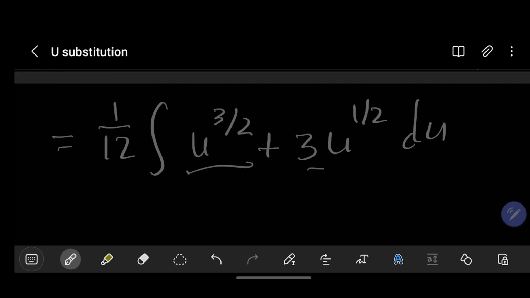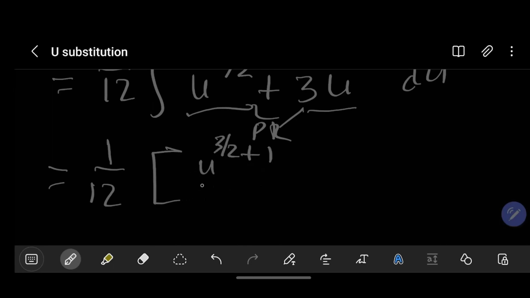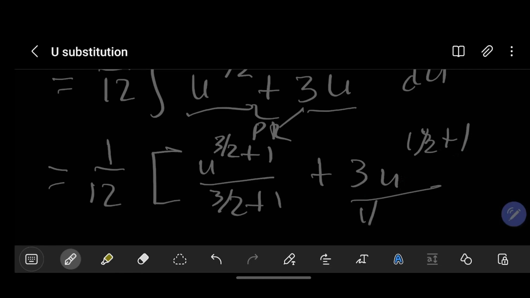We can use the power rule for both of these. So using the power rule, we'll have 1 by 12 into u to the 3 by 2 plus 1 all over 3 by 2 plus 1, plus 3u to the half plus 1 all over a half plus 1, and don't forget the c. So plus c.